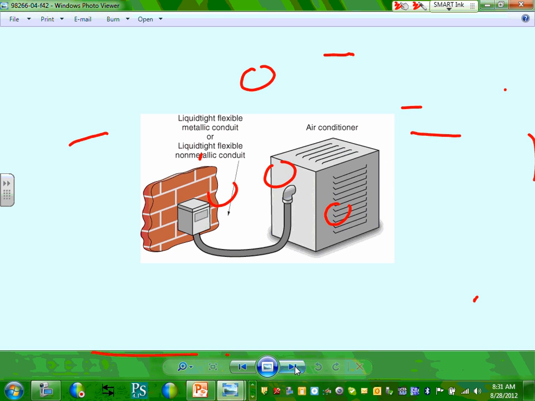Tying, if you're outdoor, like AC units, Jeremy, my friend, you need to use liquid tight flexible metallic conduit, because it's obviously outdoor. If you're indoor, flexible metallic conduit will get you there. Outdoor, liquid tight flexible metallic conduit is your choice.